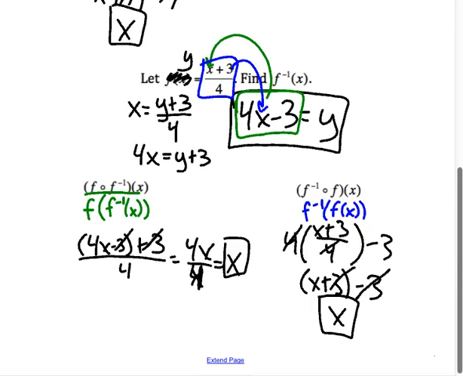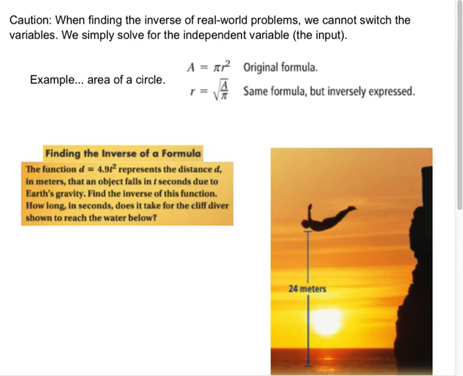One last idea is when you're solving real world problems, you can't just flip the variables and resolve. You actually have to undo the equation for the other one. So notice the circle formula. You don't switch the a and the r.